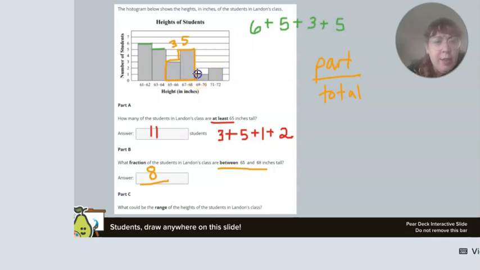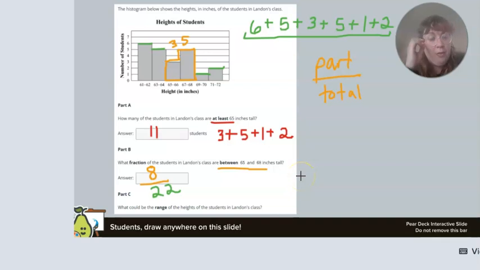And then 1 person in that almost last bucket, and then the last bucket has 2. So when we add up our total number of students, we have 6 plus 5 is 11, plus 3 is 14, plus 5 is 19, plus 1 is 20, plus 2 is 22. So the fraction is 8 out of 22. 8 out of the 22 students are between 65 and 68.